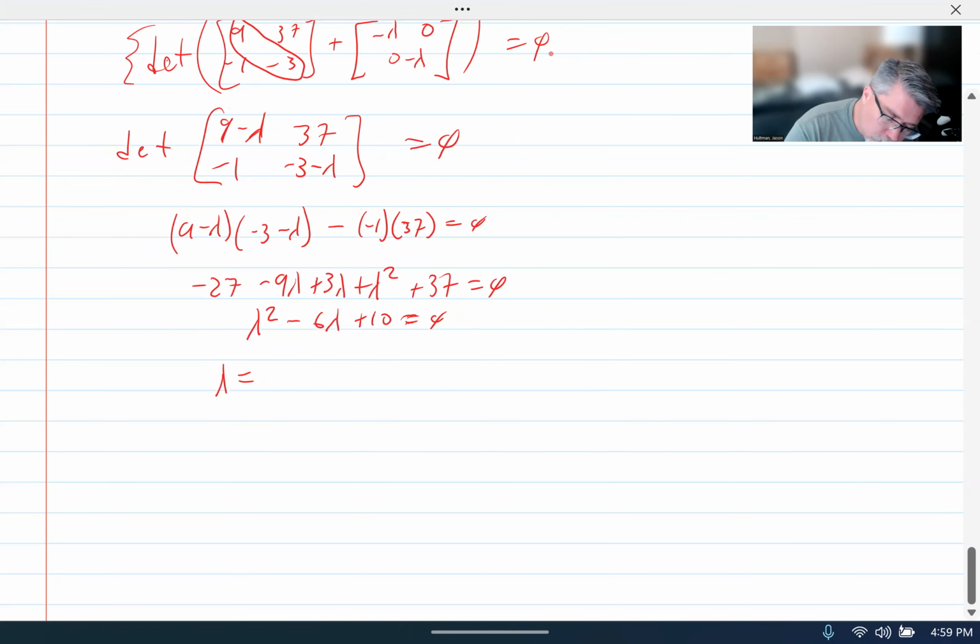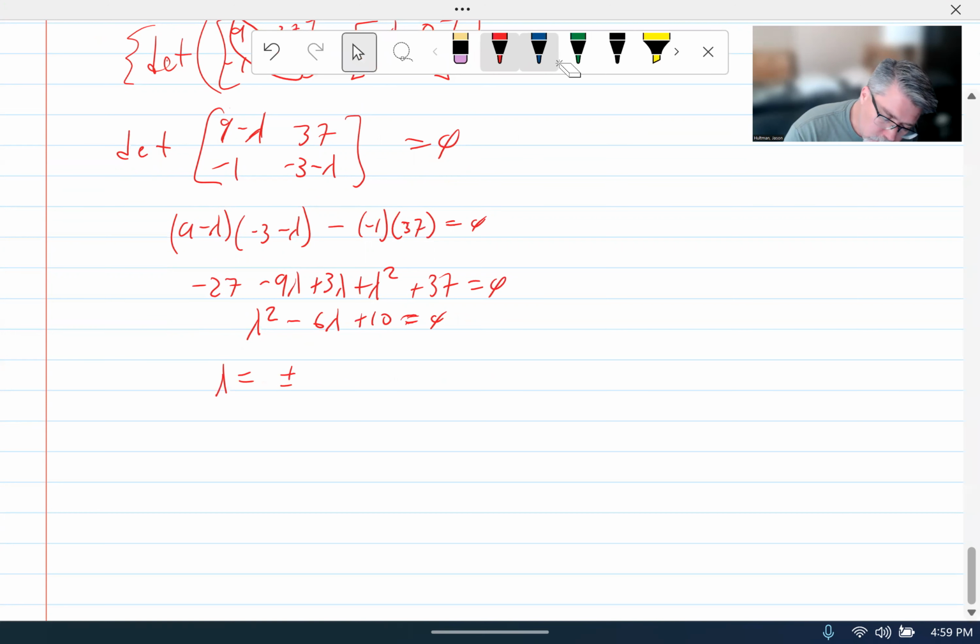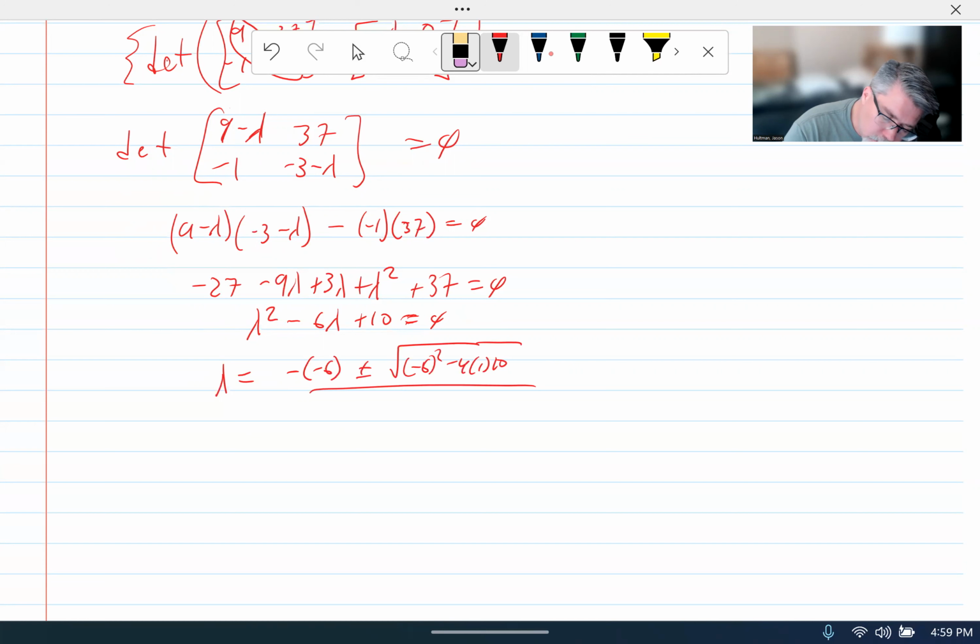Lambda equals negative b, negative of -6, which is +6, plus or minus the square root of b squared minus 4ac, all over 2a.